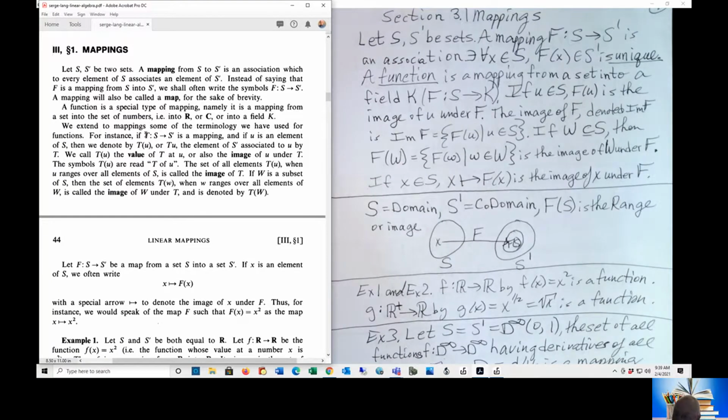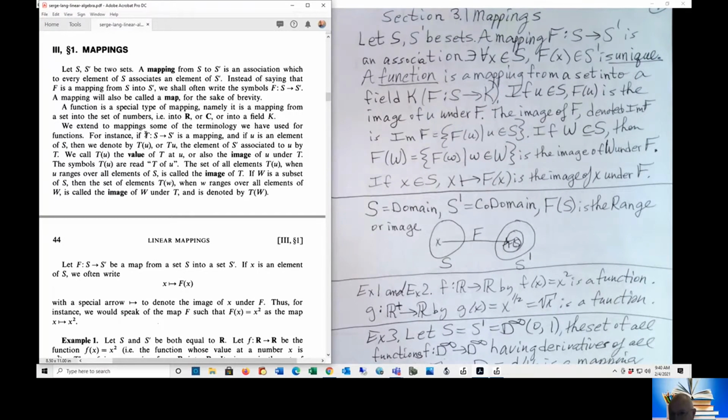A mapping f going from set S into S prime is an association such that for every x in S, f of x is in S prime and it's unique. That's the same as the definition for a function. Every x maps to only one y value.